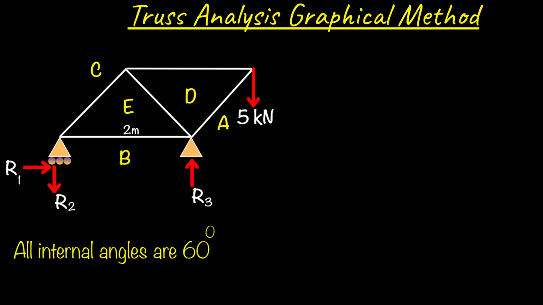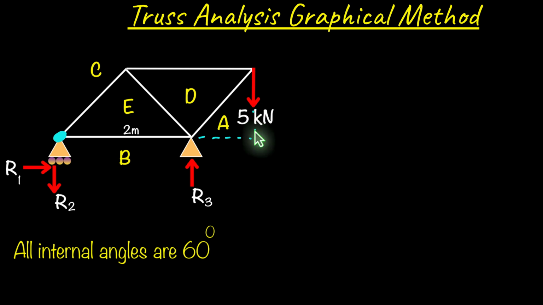So to start, we're going to calculate our reaction forces, and we're going to take our pivot point right here in the bottom left corner at R2. And the only force we have to consider is this 5 kilonewtons. Now 5 kilonewtons from that point, its perpendicular distance is going to be 3 meters.